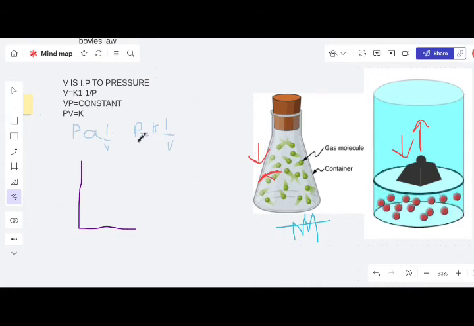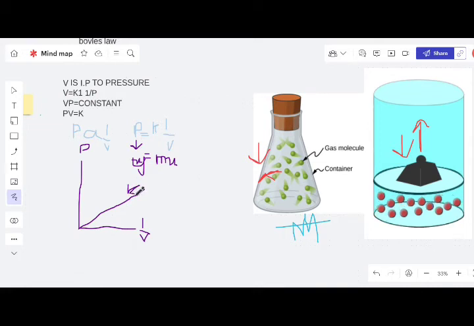You might notice that this equation is something like y equals mx, where y represents pressure, x is volume, and m represents k. M here is basically a slope which originates from the origin. But what does k mean here?